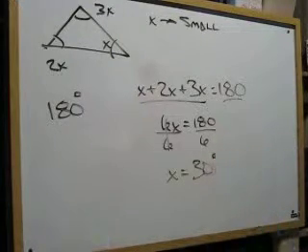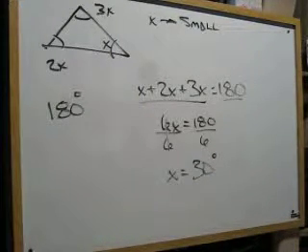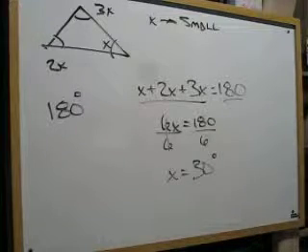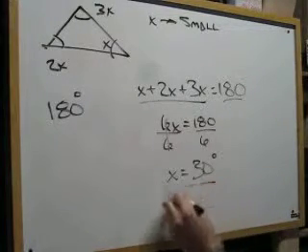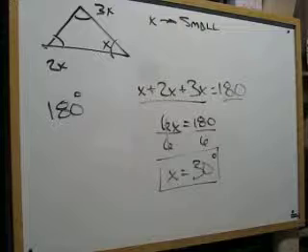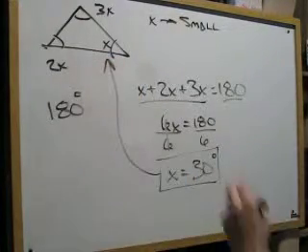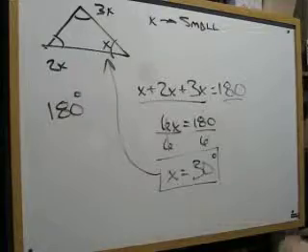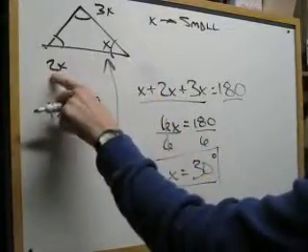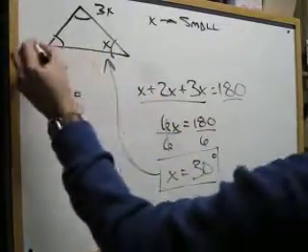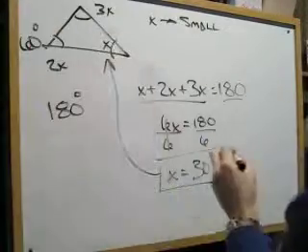The degree sign looks like that. So we get 30 degrees. That's part of our solution, because it's asking us, find the measure of all 3 angles. We only found the measure of that angle. So this one's 30. Well, this one's twice 30, so this one's 60. Your little degree sign.